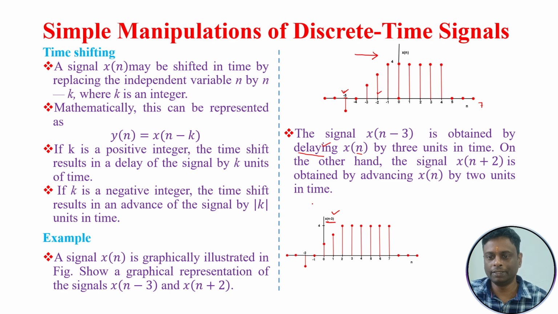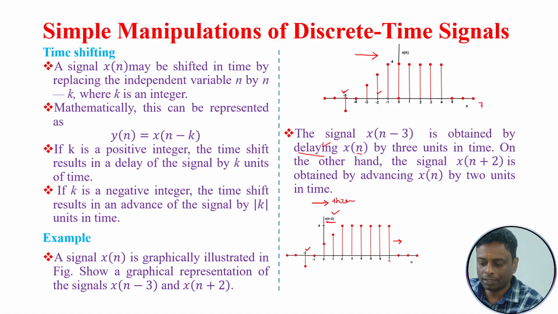We have shifted the signal towards the right by 3 units in time, so it starts from minus 2 and ends at 7. This is how you delay the signal by 3 units of time.